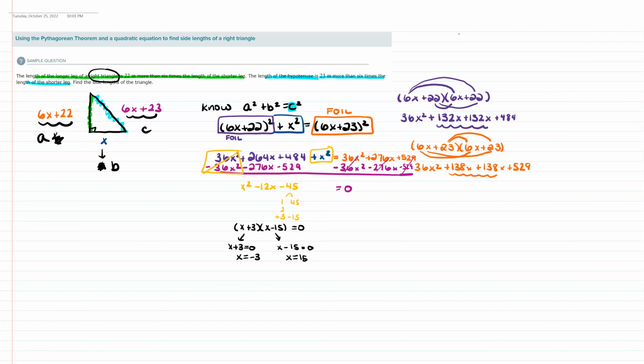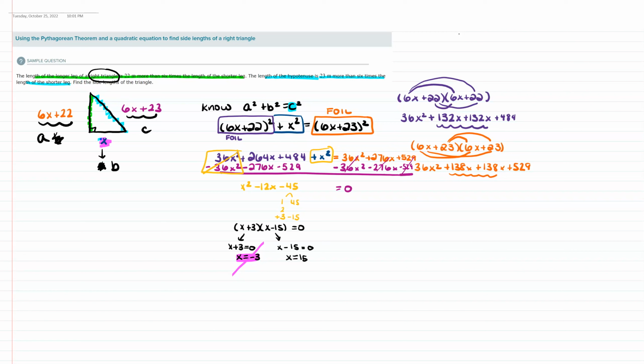Since this one side is just x, I can't replace it with x equals negative 3. Like the other ones I could, I'd get positive values. But you can't have a negative size. So I'm not going to use this one.